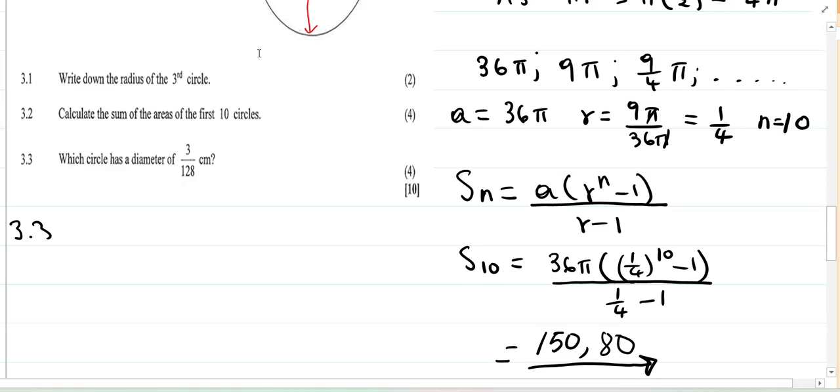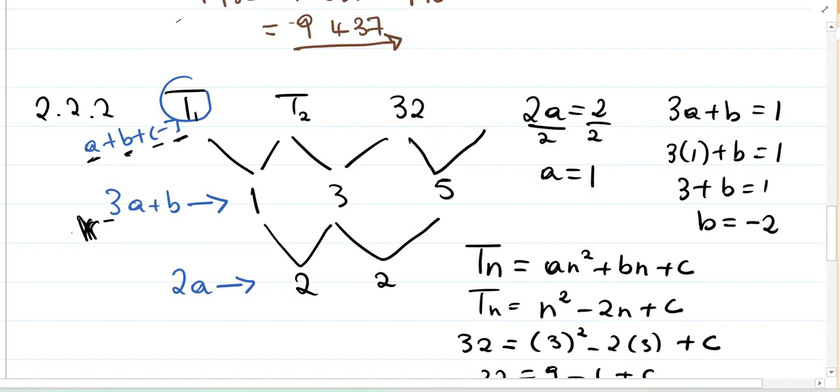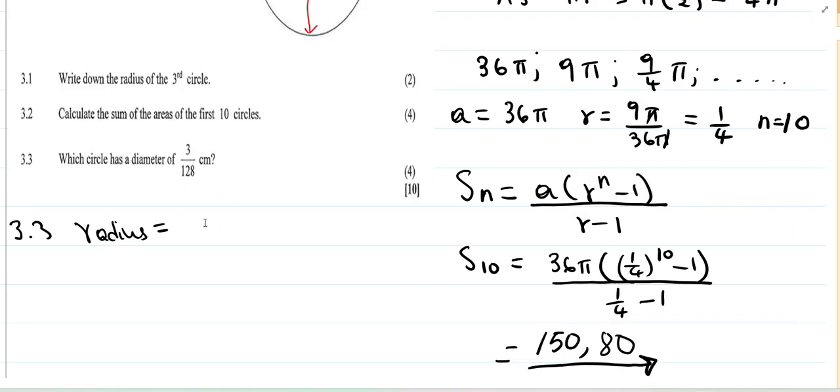We've been talking strictly about the radii. So this diameter that is given to us, we are going to write it in terms of the radius. We know that radius is always half the diameter.